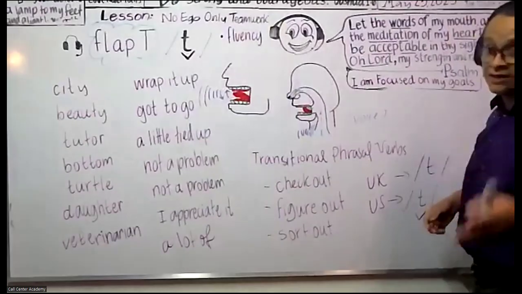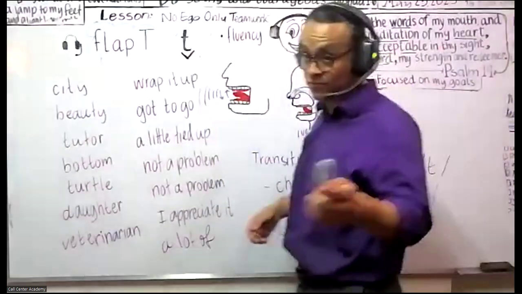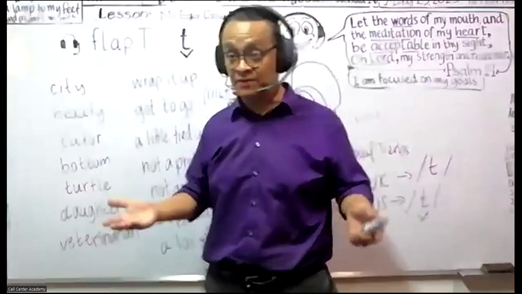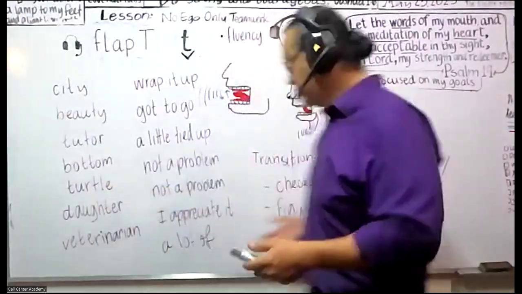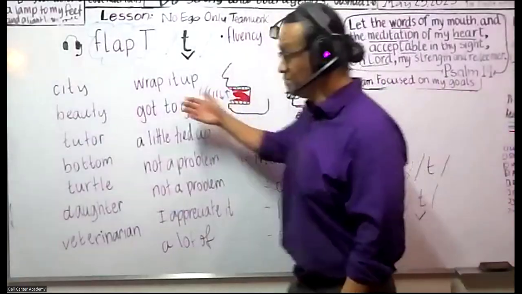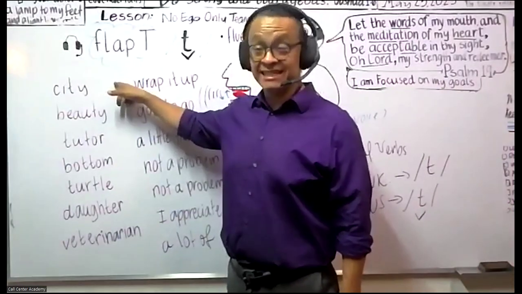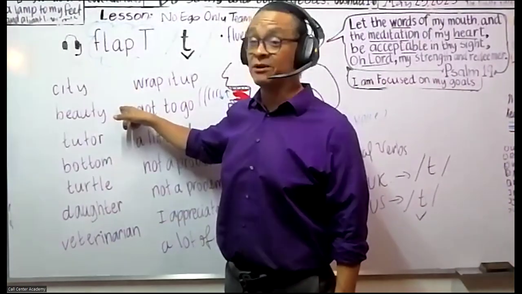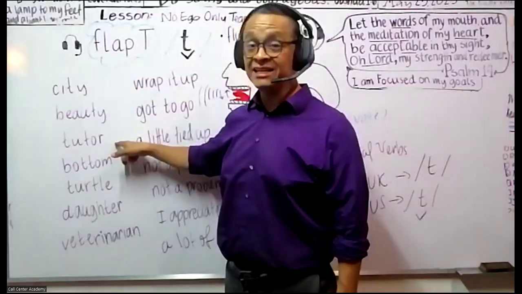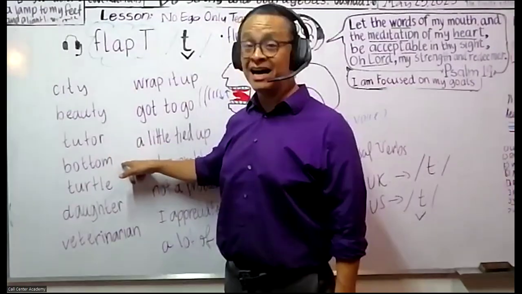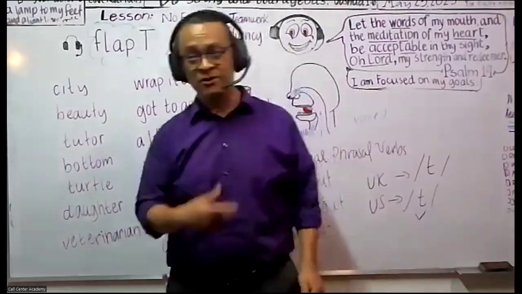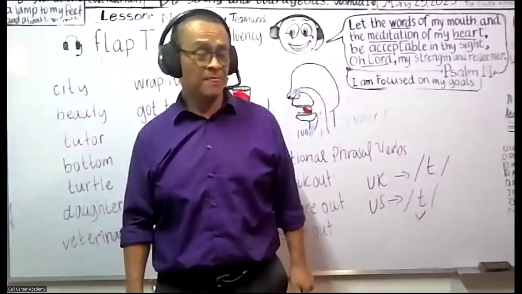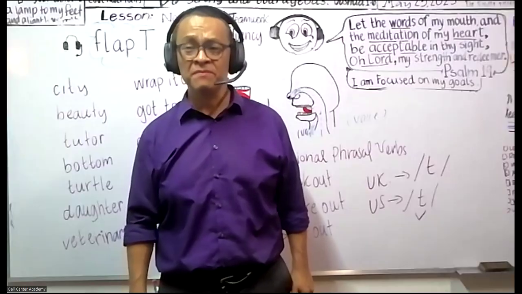Now, Alvaro lives over there in Philadelphia. You know, Rocky, that's where Rocky was filmed, right? If Alvaro goes around and goes like, excuse me, is this the correct city? Oh, this city is very beautiful. I need a tutor. Oh, the bottom. You know, people in the street are going, you're not from here, right, man? Where are you from?